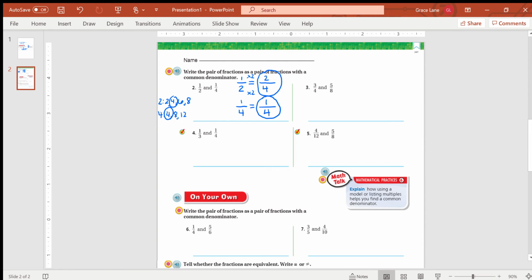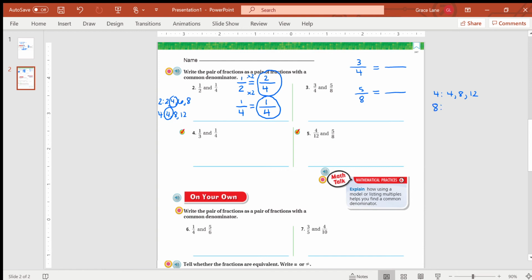Go ahead and look at number 3. List your fractions off to the side: 3/4 and 5/8. You're basically just trying to make equivalent fractions, but you want them to have the same denominator. So find a common multiple of 4 and 8. If you need to list them out, go ahead. 4, 8, 12. Although if you have your multiplication chart, this is what the row of 4s should say. So you could just compare the row of 4s and the row of 8s and see which multiple they have in common.